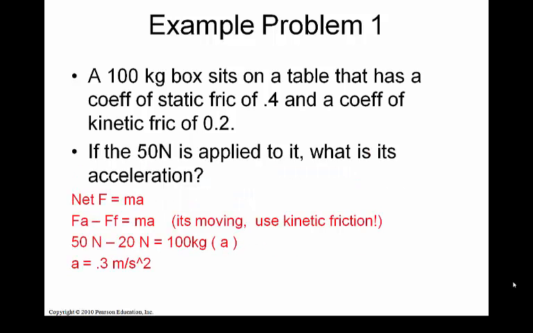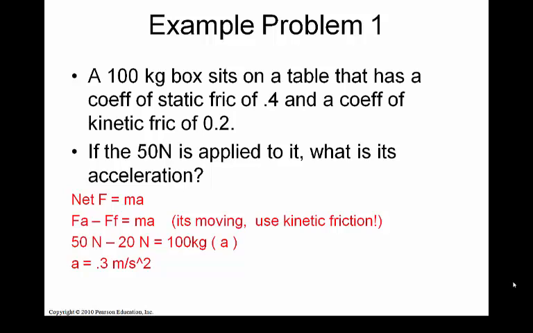If 50 newtons is applied to it, what will its acceleration be? Well, remember that once it starts moving, the friction acting on it is kinetic. So if we apply Newton's second law, we have the net force equals mass times acceleration. The net force is the sum of all the forces, the applied force and the friction force acting on it.